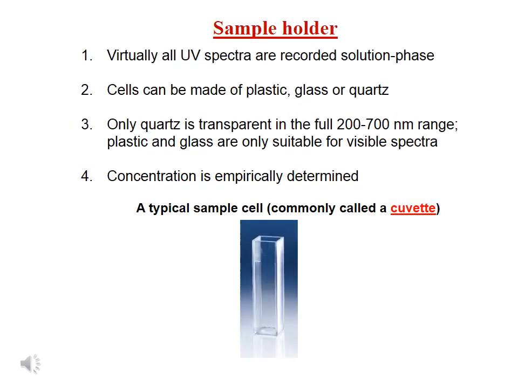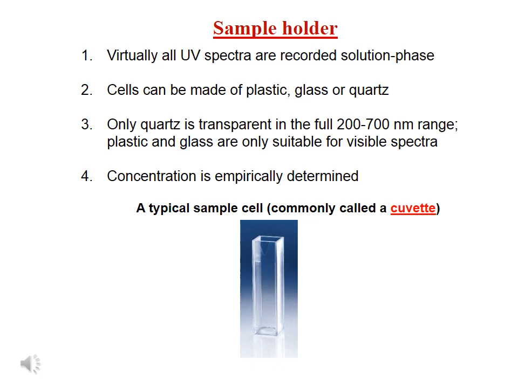The third and most important part is the sample holder, which is also known as the cuvette. We can use the sample in different forms: in solution form or in solid form. Virtually all UV spectra are recorded in solution phase. The cells, the cuvettes, can be made of plastic, glass or quartz.